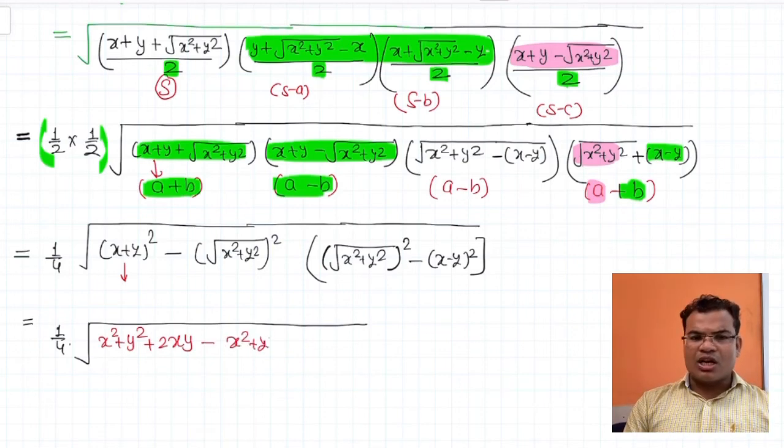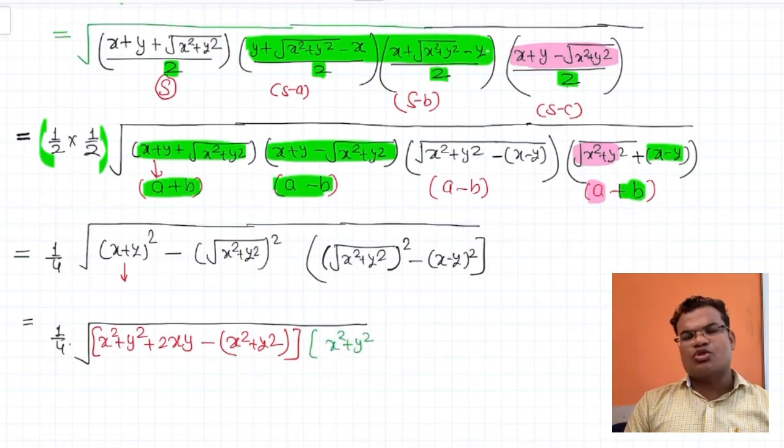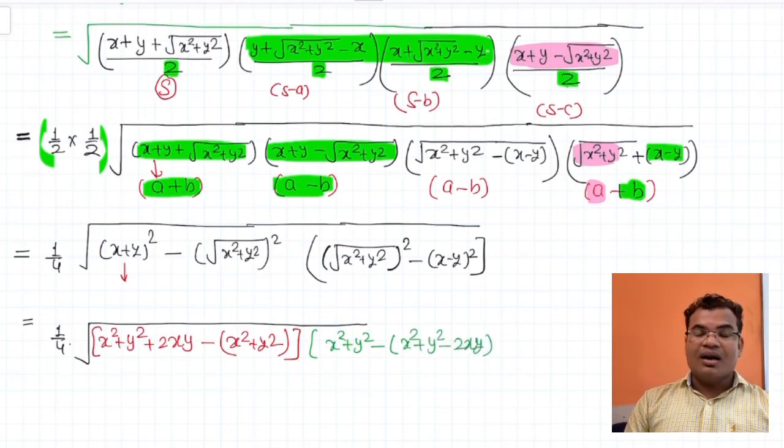Minus the under root x square plus y square with the 2 will cancel. So only the bracket term will come here, x square plus y square, right? In the second, this 2 will cancel, so you will write x square plus y square minus x square plus y square, and minus 2xy. We'll open this bracket and the sign will be changed.